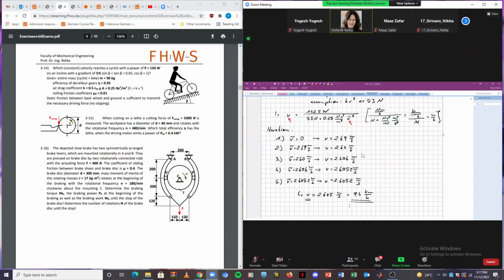And for the previous question, the efficiency is given for the entire system, not just for the gears. It's given for the gears, but there's no other loss in the system.